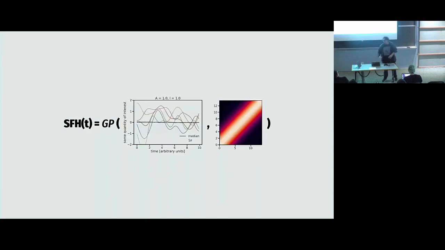So graphically, this is what a prior looks like for this GP. You have a mean prior for the star formation rate versus time, and this is the space of all functions. And you have a covariance function that tells you how star formation rates are correlated with each other.